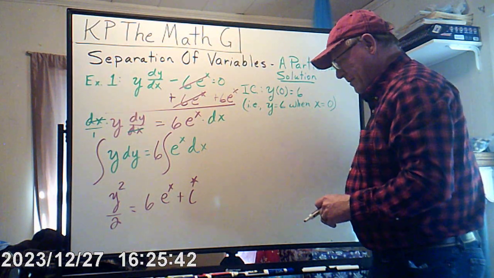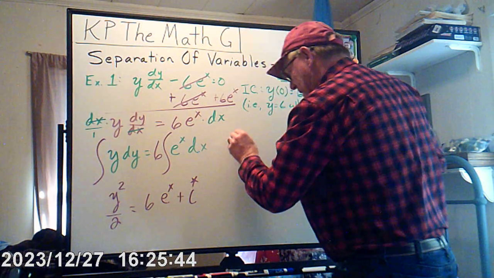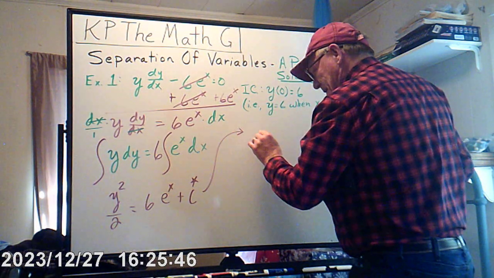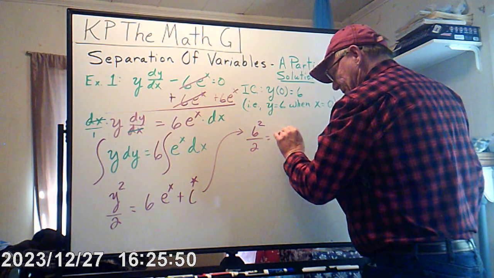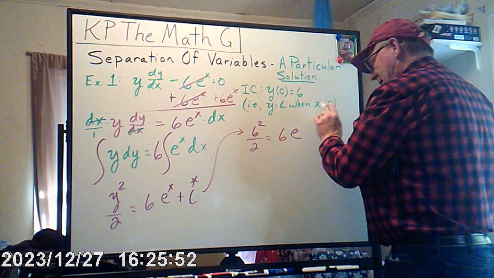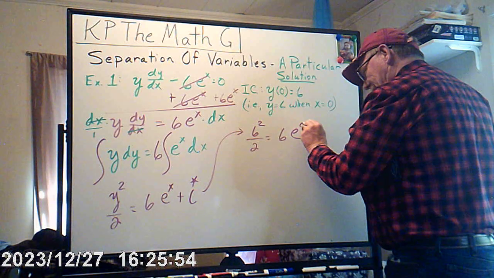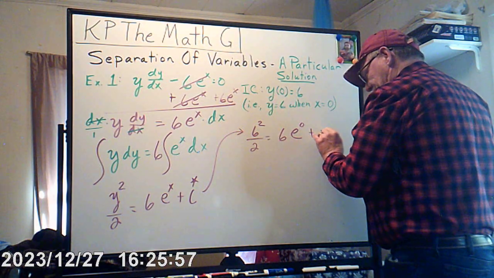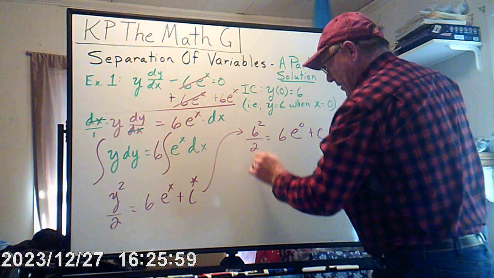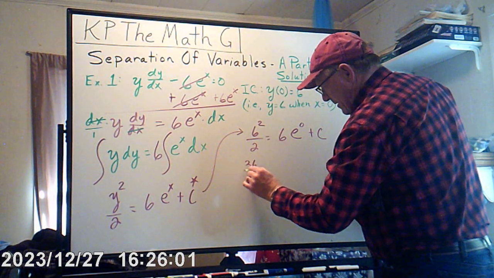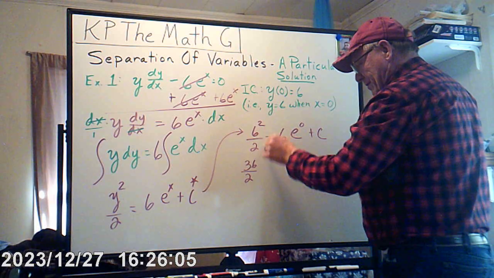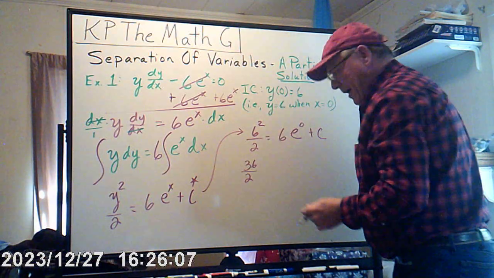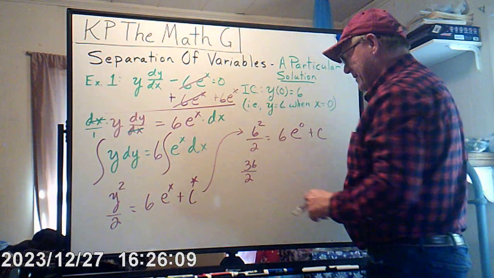Now we want to find out what c is when y is 6 and x is 0. So we're going to substitute that in right up here. 6 squared over 2 is equal to 6e, now remember, this x is 0, plus c. 6 squared is 36. 36 over 2. Now do not do 6 over 2 is 3 and 3 squared is 9. Don't do that.